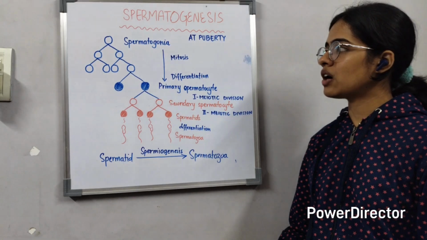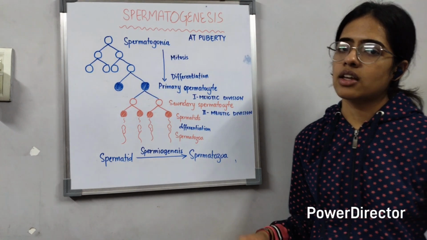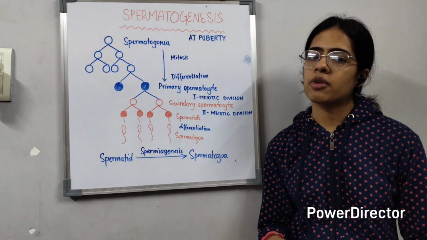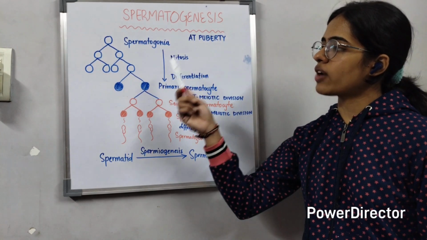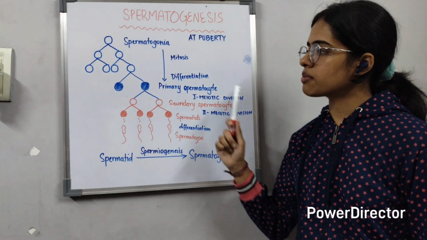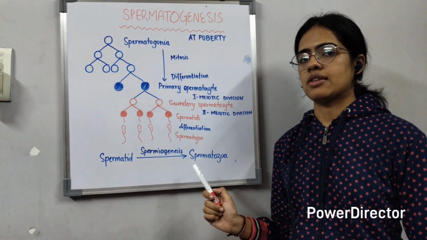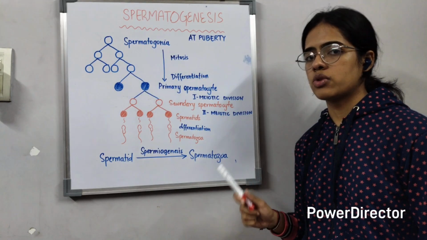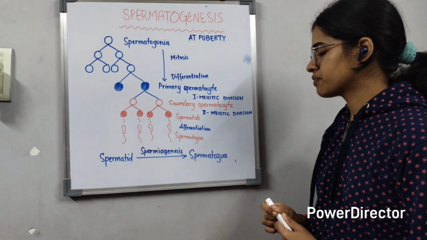I'll be explaining how the spermatogonia, which is present inside the testis, in the seminiferous tubules of the testis, finally differentiates, matures, and undergoes division to form the final sperms or the spermatozoa, which is the scientific name.